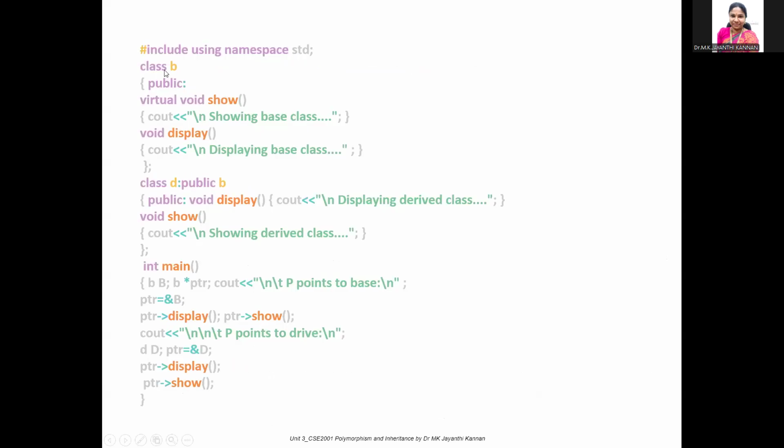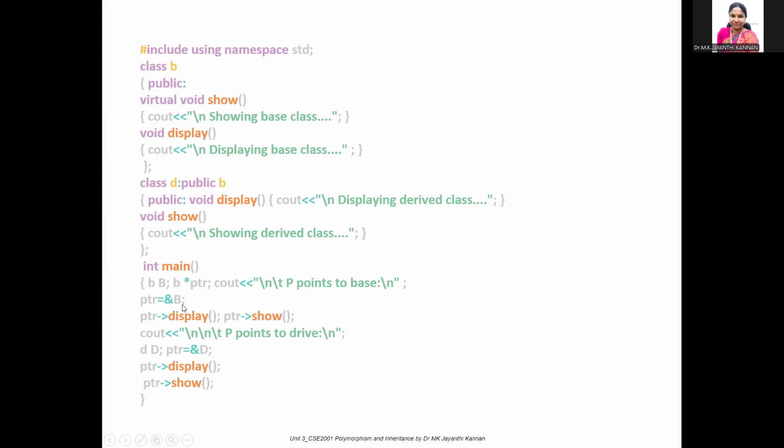In the same way, we have class B and class D, and we have the same functions, the show function and display function, showing the base class, displaying the base class. We have the derived class, displaying the derived class, showing the derived class. In the main program, P points to the base class, P points to the derived class.